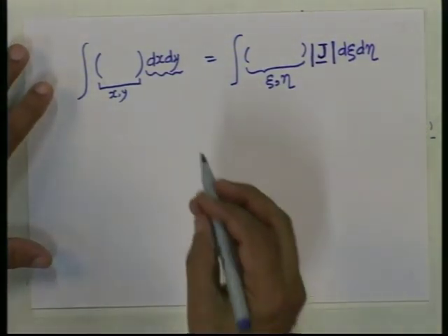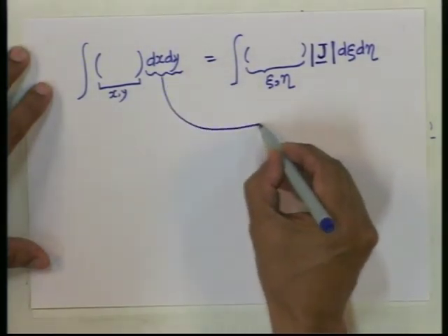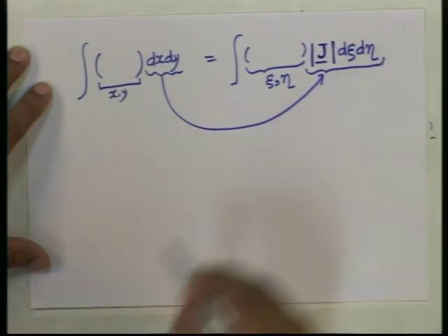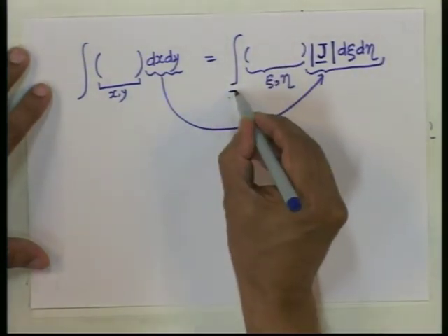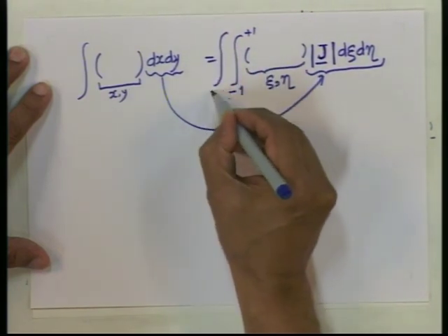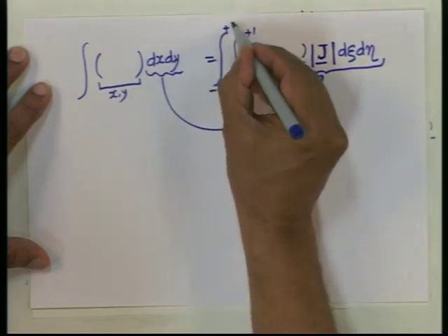So the only difference is that this becomes equal to this, and then all your limits are minus 1 to plus 1, minus 1 to plus 1.